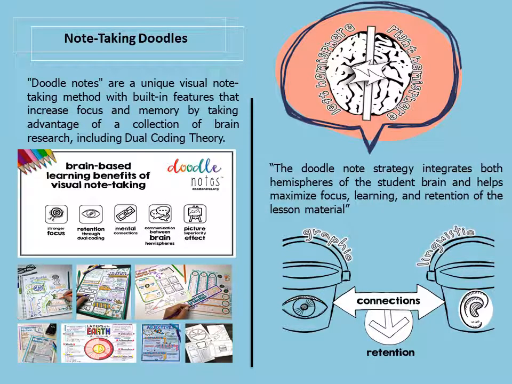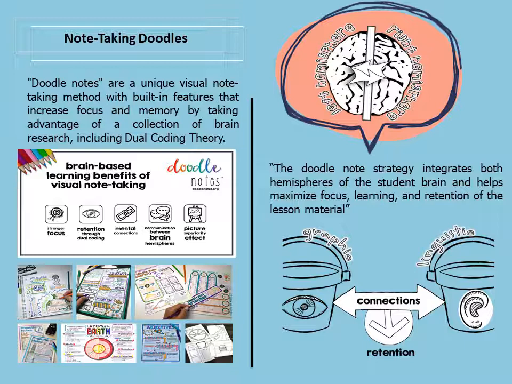Note-taking doodles. Doodle notes are a unique visual note-taking method with built-in features that increase focus and memory by taking advantage of a collection of brain research including dual coding theory. There are benefits of visual note-taking using doodles. First, focus, retention of lessons, mental connections, brain hemisphere, and picture effect.